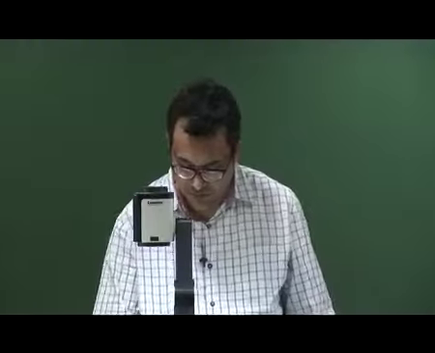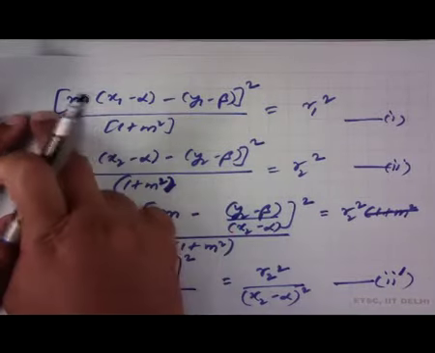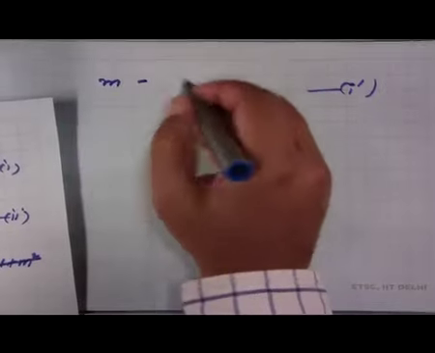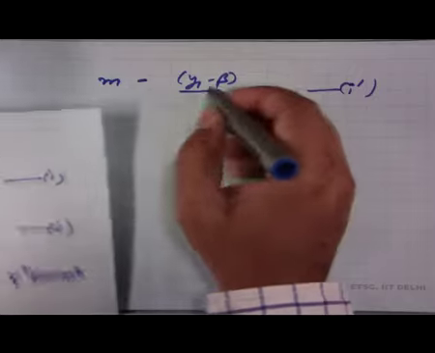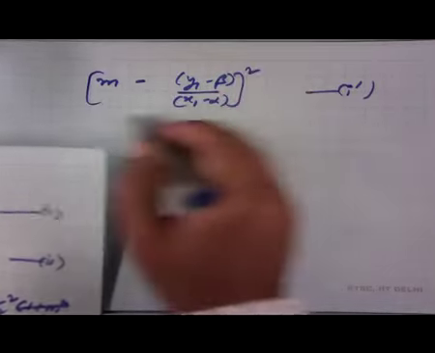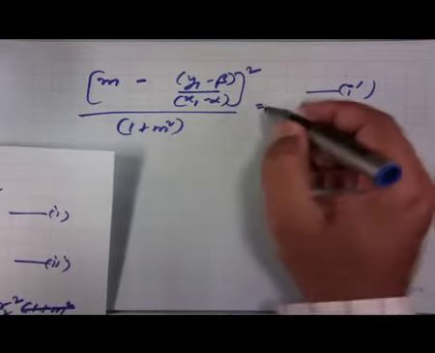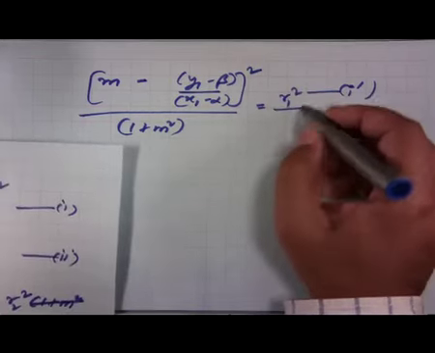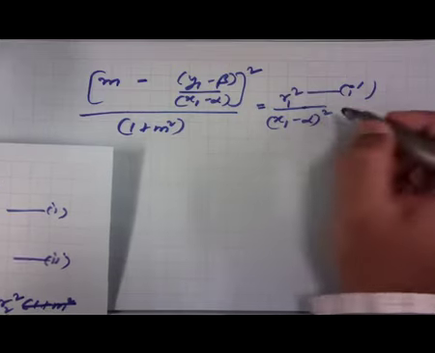Similarly, from the first equation we will get 1 prime, just taking x1 minus alpha out from here, we will get m minus (y1 minus beta over x1 minus alpha) whole square by 1 plus m square is equal to r1 square by x1 minus alpha whole square.